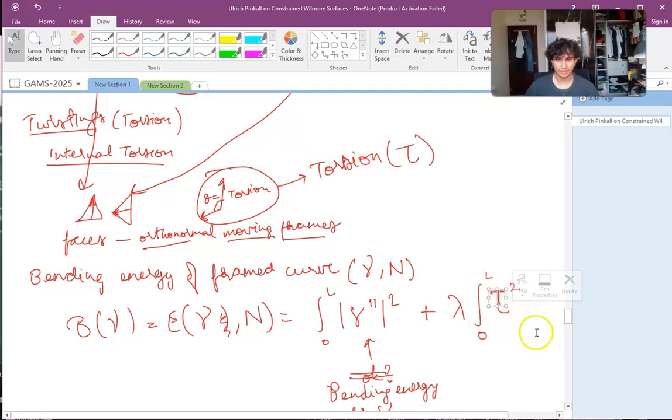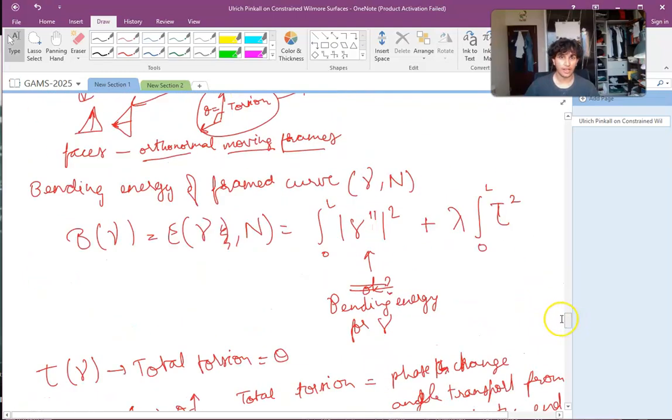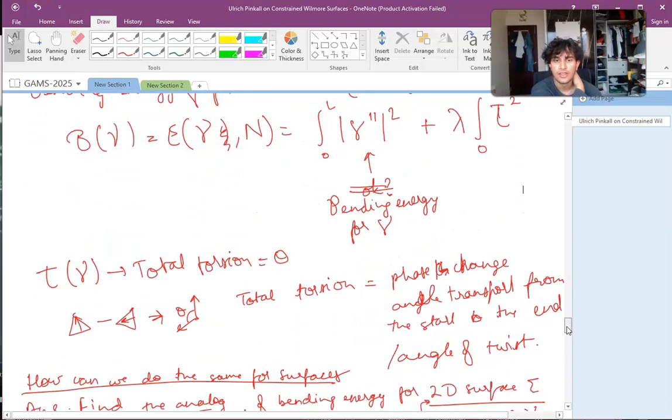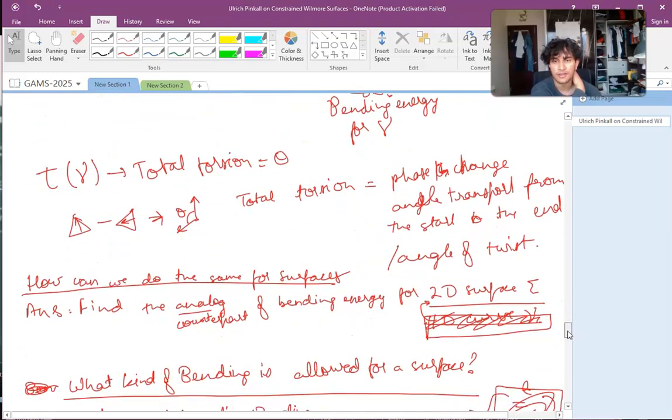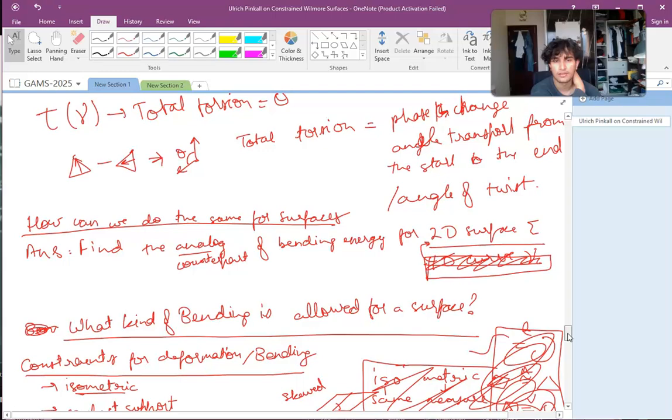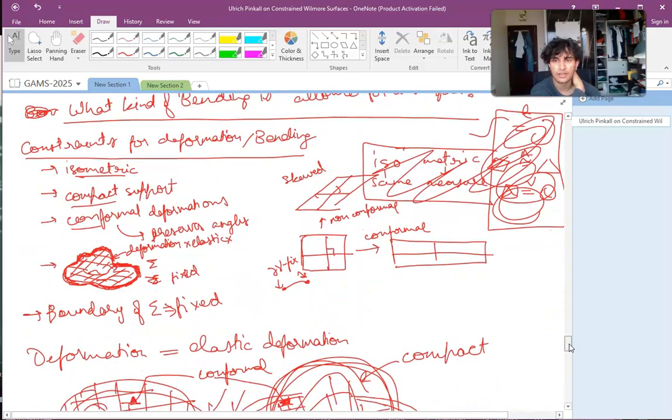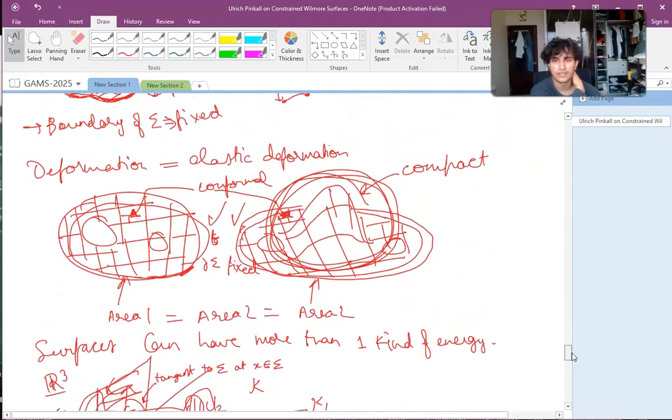I want to understand the difference between other kinds of torsion. I want to understand what lambda is over here because I'm not sure if he mentions it or not. Then total torsion I understand. How can we do the same for surfaces? Yeah, that makes sense to me. Conformal deformations, yeah.